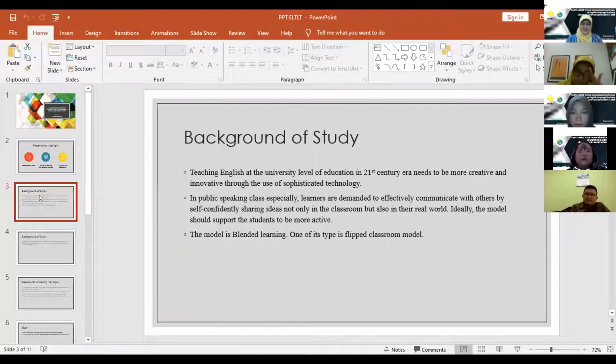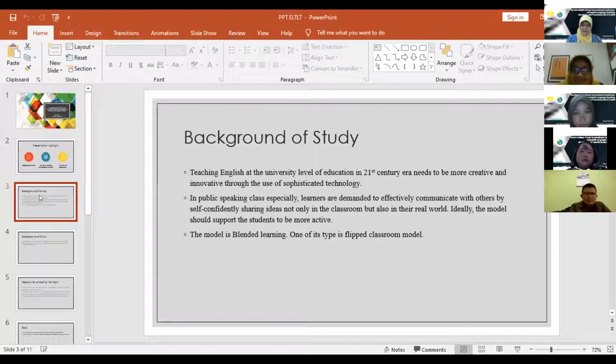in the 21st century era needs to be more creative and innovative, so the teacher needs to use sophisticated technology. In public speaking class, the students not only learn how to communicate with each other in the classroom, but they also need to share their ideas and practice in the real world.